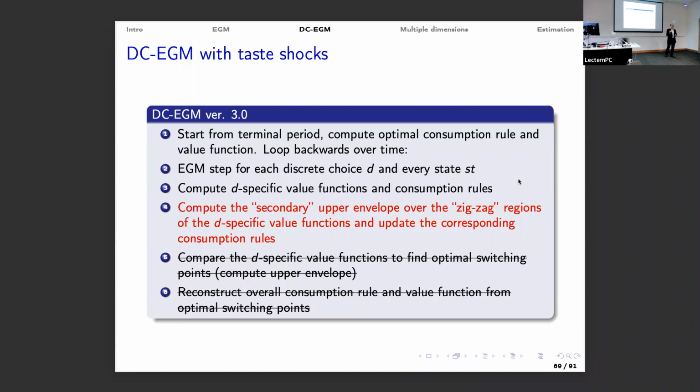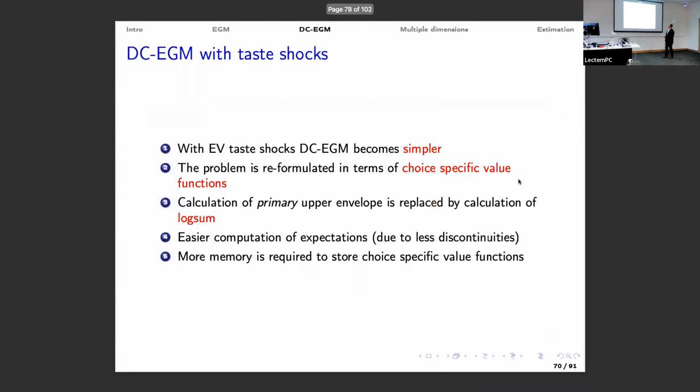Let's look at what happens to the algorithm. We have rewritten the problem essentially in the choice-specific value function space, and therefore calculating these switching points and reconstructing the optimal consumption rule from the pieces is not needed anymore. We just do the first four steps in the choice-specific value function. It becomes somewhat harder because we need more space, more memory is required.